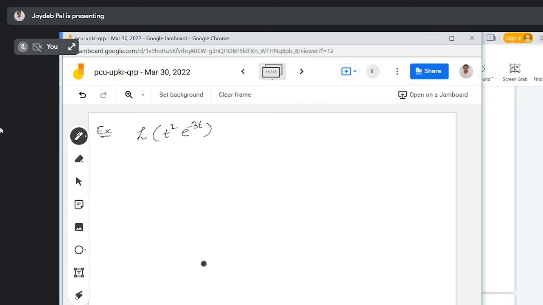So additionally, you have the S shifting theorem, S shifting property. Till now you have the knowledge of the S shifting theorem. So can you apply the S shifting theorem here? First of all, you have to think, is it of the form e to the power at into f of t?